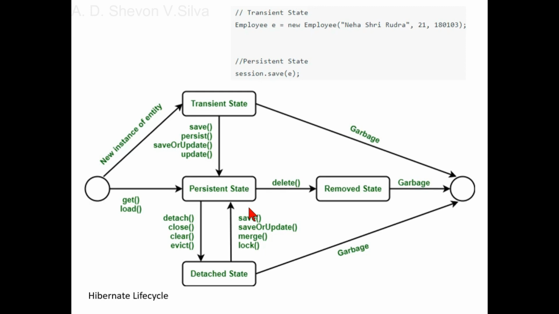Following are the methods given for the persistent state: session.persist(e), session.save(e), session.saveOrUpdate(e), session.update(e), session.merge(e), and session.lock(e). Here you can see the transient state, and here you can see the persistent state.